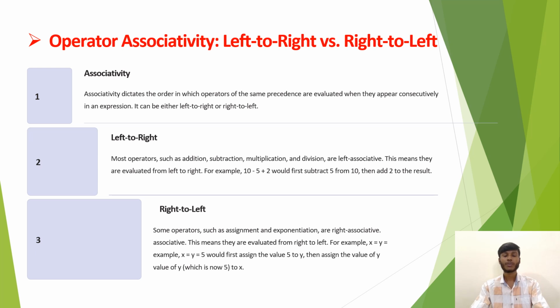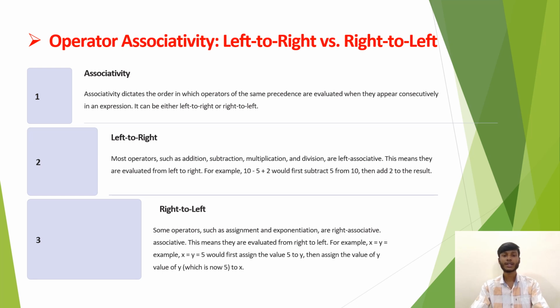Left to right: most operators, such as addition, subtraction, multiplication, and division, are left associative. For example, 10 minus 5 plus 2 would first subtract 5 from 10, and then add 2 to the result.